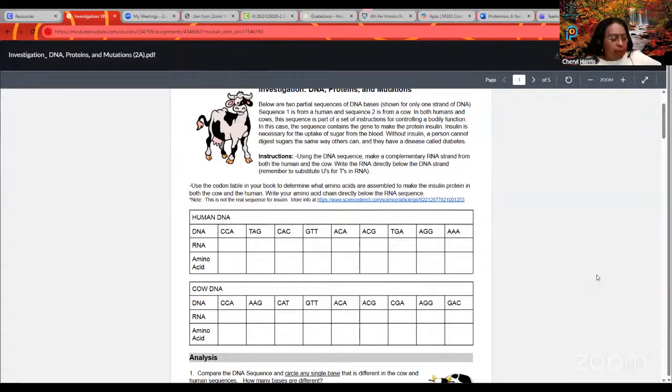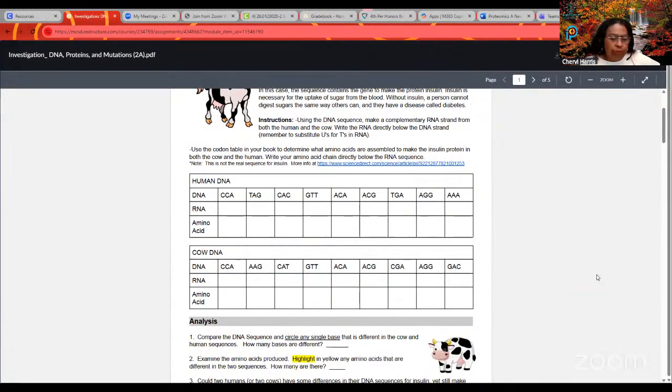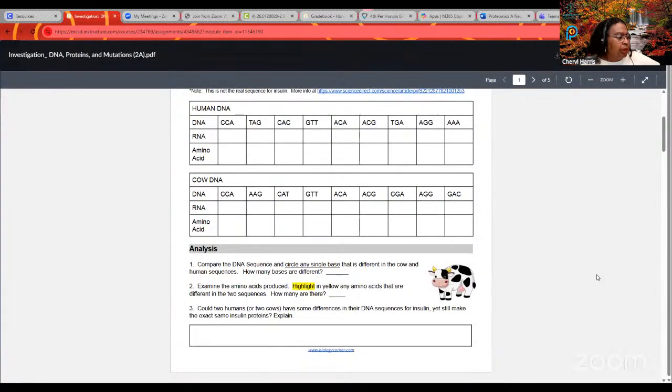All right. Hopefully you have completed your cow data. So now you want to look at the cow DNA strand. That's your top row on the cow and your top row on the human. And you want to go across and be comparing them as in sets.